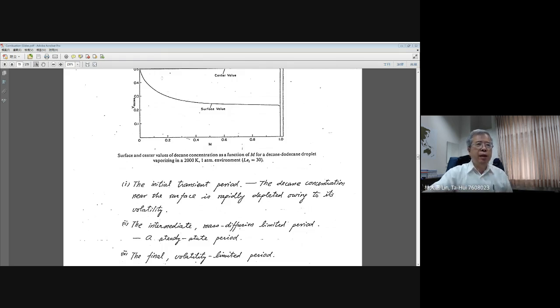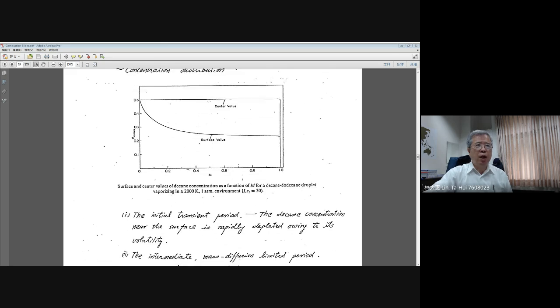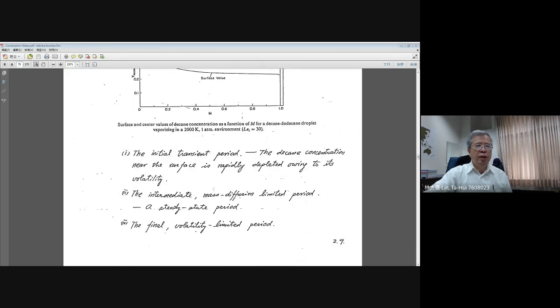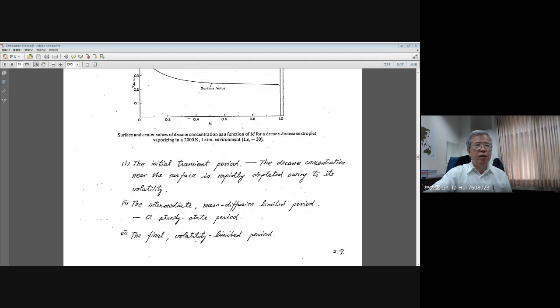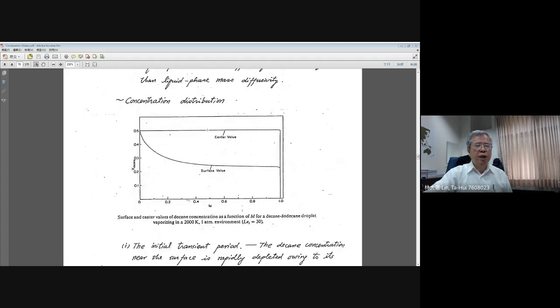But in this case, you will find out the concentration on the surface is limited by the transport of the thicken from the center positions to the surface. They tell you the intermediate mass diffusion limit process is basically a steady state, since here the mass diffusion in the liquid phase is very limited. You cannot transport the thicken from the center to the outer surface efficiently.